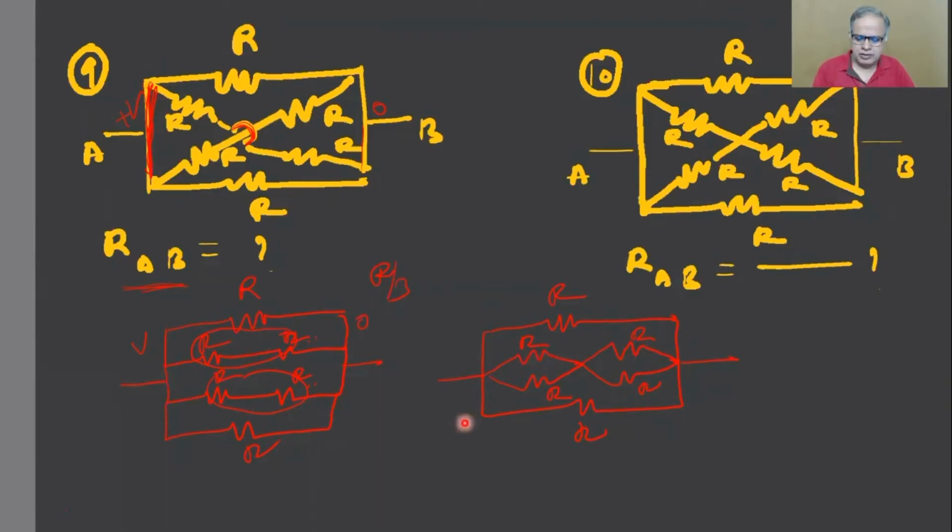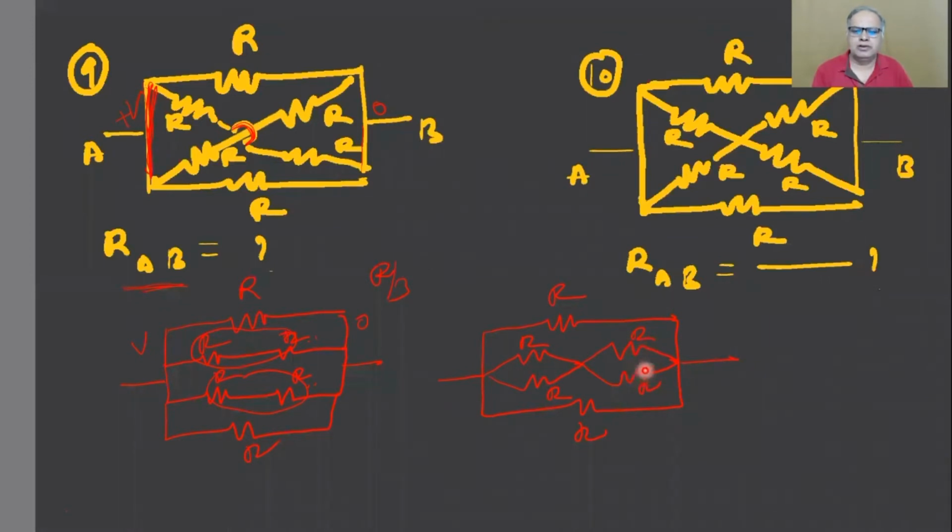These two are in parallel again. R parallel R is R by 2. Isn't it so? By this time, you should write it straight away. Don't write 1 by R plus 1 by R, all that. So R by 2 here, R by 2 here.